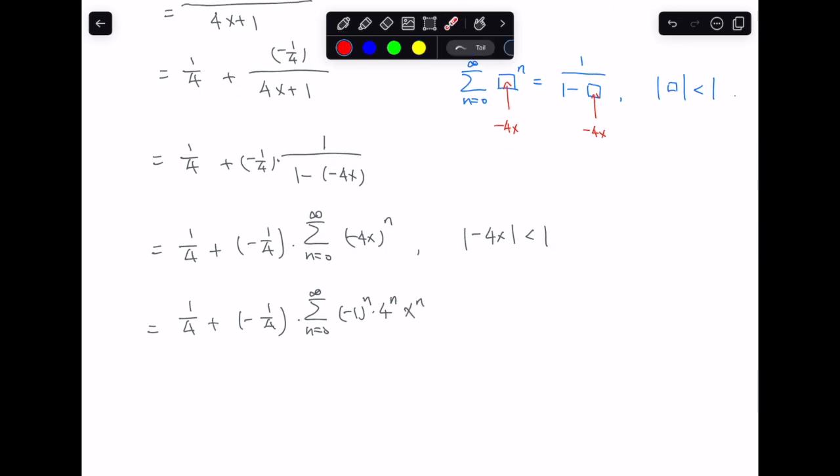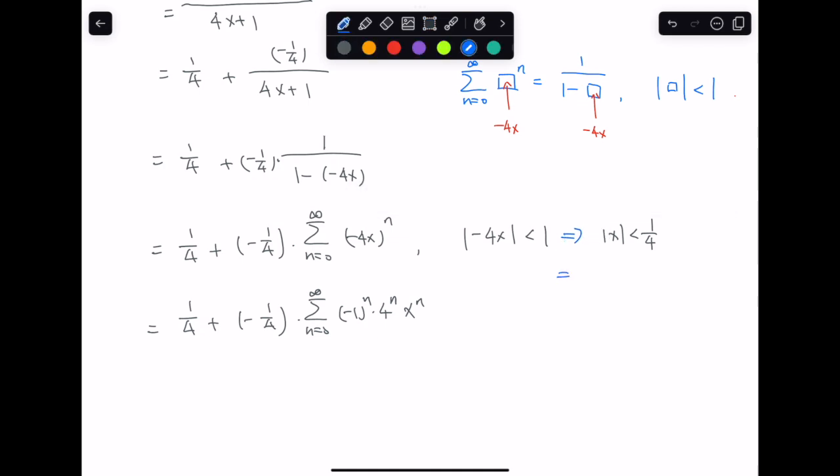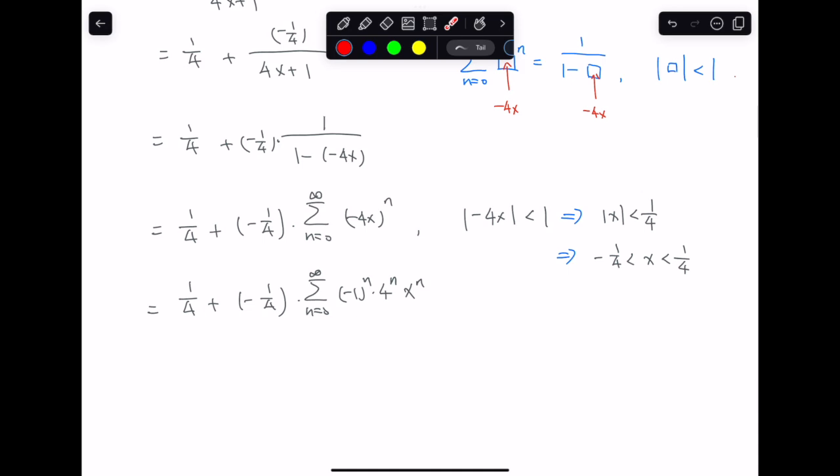Okay, and then this interval of convergence, we can just solve this inequality, so that becomes absolute value of x less than 1/4, right? Which is going to give us the interval x is between -1/4 and 1/4, which we will present later.